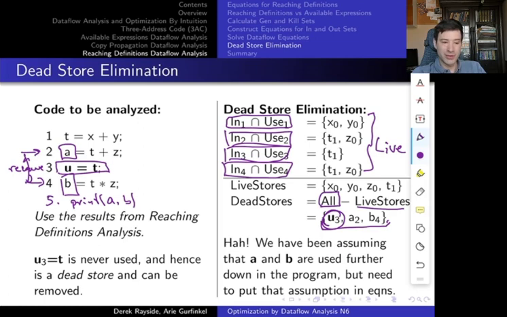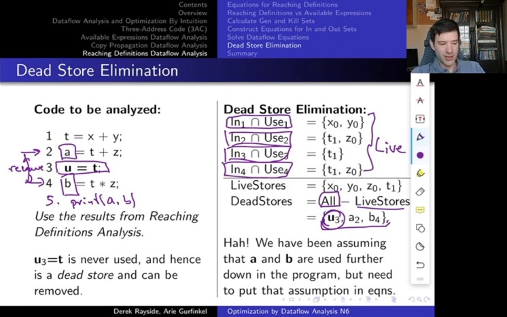Nobody asked me before, when I was doing the intuitive examples, how come A and B stay? And the reason is because we implicitly assumed that A and B are going to be used later on. U, we said, oh, look, it looks like it's only used in line 4. Probably it's not used anywhere else. So that's that. But A and B, because this is just a code snippet, right?